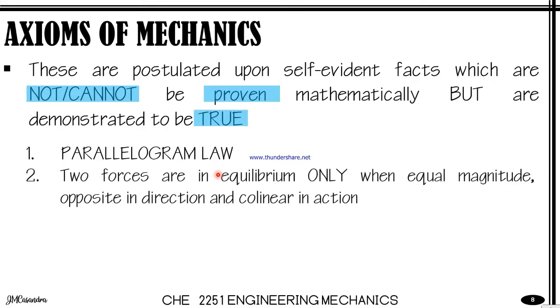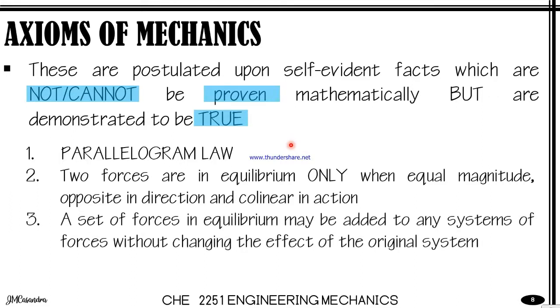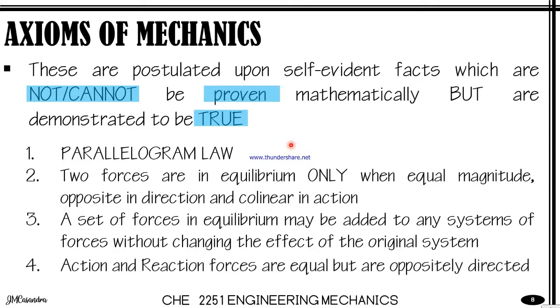Also, two forces are in equilibrium only when equal in magnitude, opposite in direction, and collinear in action. Third, a set of forces in equilibrium may be added to any system of forces without changing the effect of the original system. And lastly, action and reaction forces are equal but are oppositely directed.